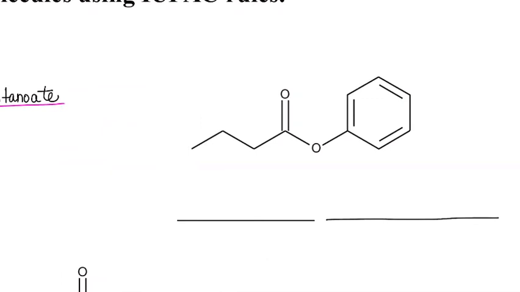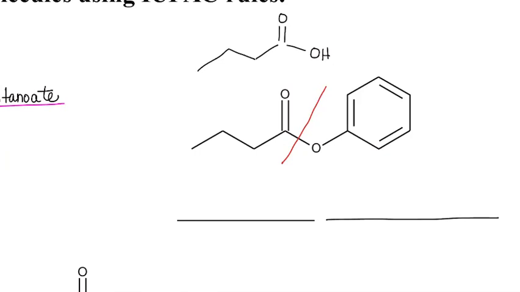Let's go over the answer for this molecule. So the carboxylic acid that made this compound is the following. Remember, we're always going to create that cut or boundary between the double bond oxygen and the single bond oxygen.